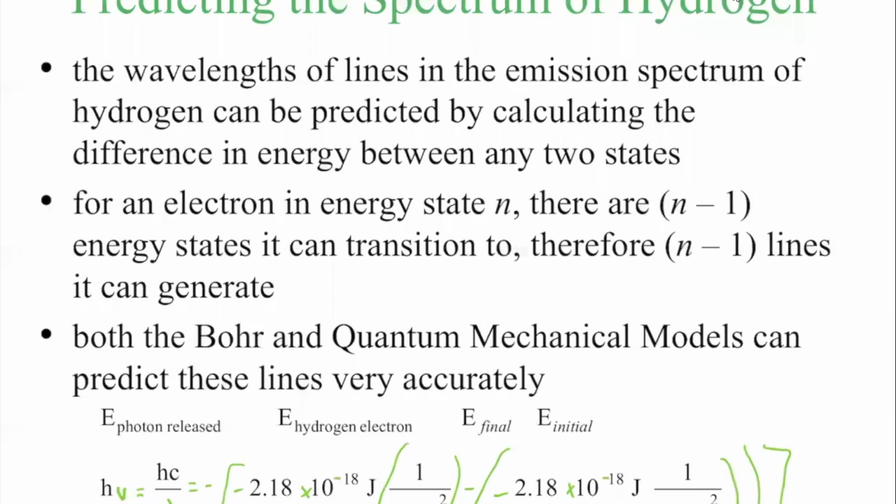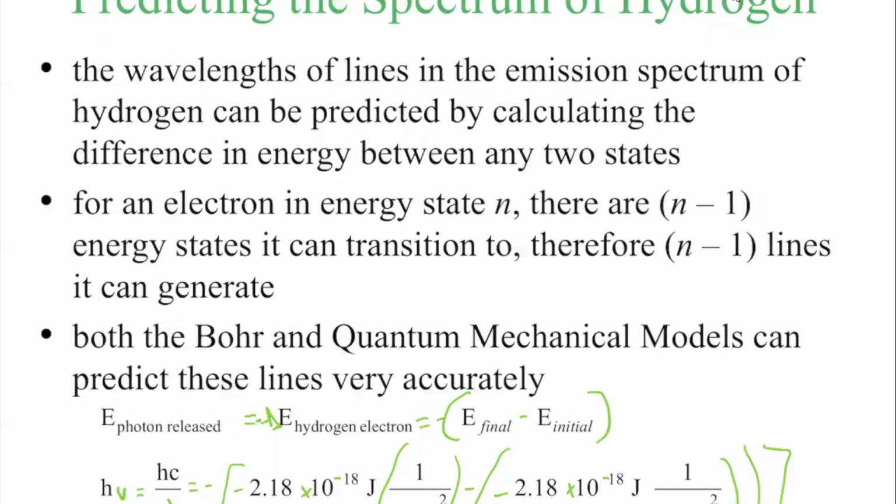So we're going to be using this equation, which is pretty much the energy of the photon released, the negative of the change in energy, equals E final minus E initial. We're going to be using this crazy-looking equation, and don't worry, it's going to be better once I do some examples.